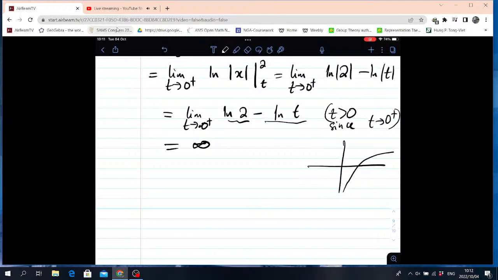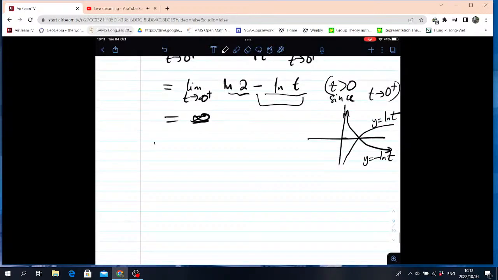And then if you want this one, it would look something like that. So this would be y is equal to the natural log of t, and this one is y is equal to minus the natural log of t. If you are approaching 0 here, you can see that this goes to infinity. And so that's how we get that.